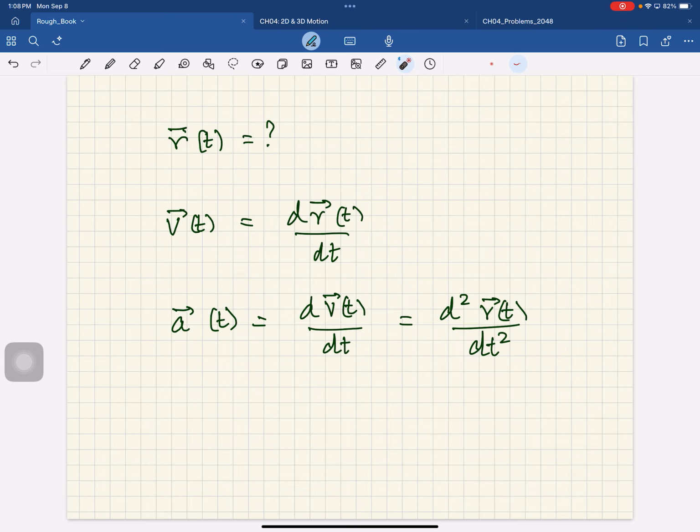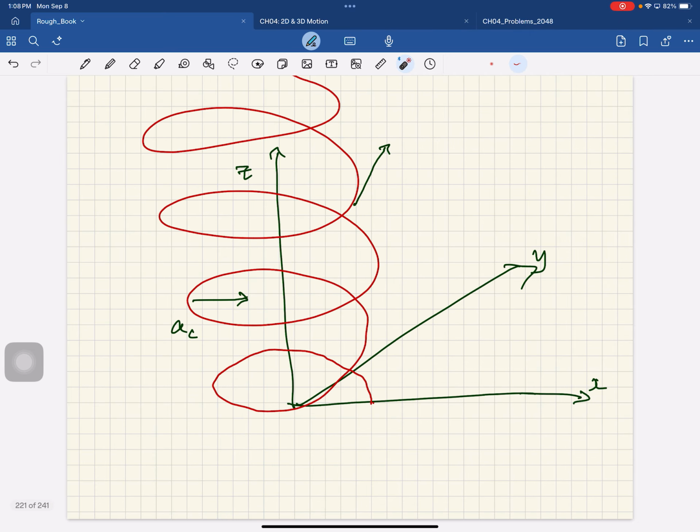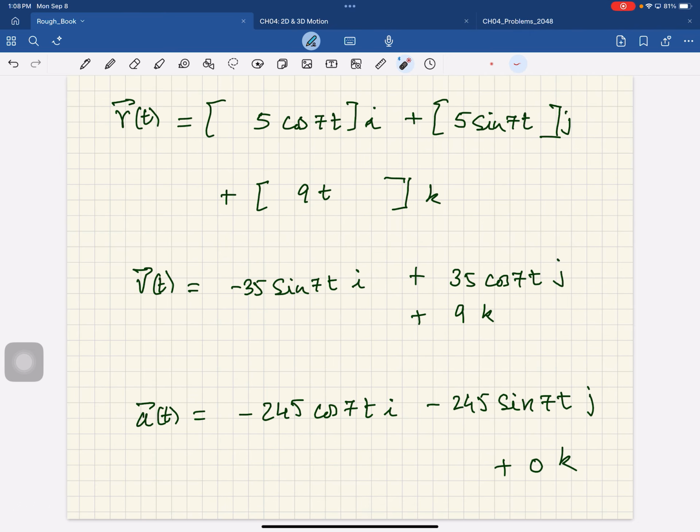And here was an example. If somebody gave you this motion, the time derivative of that was the velocity, and the derivative of velocity was the acceleration. So that's all we've done so far.